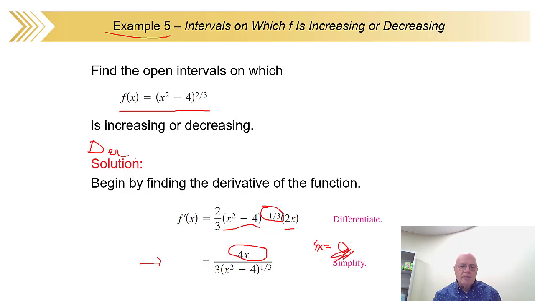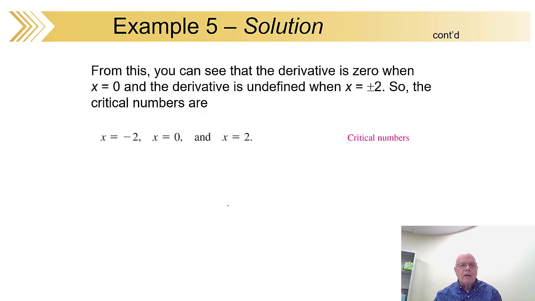Second, the denominator being 0 means you've got an undefined derivative. And this is the derivative down here. So you can set this equal to 0 and find out where it's undefined. So this is from the derivative being 0, and these two are from the derivative being undefined. Those are your critical numbers.